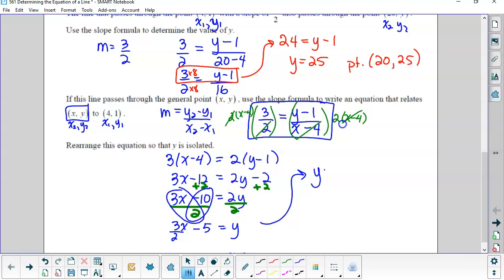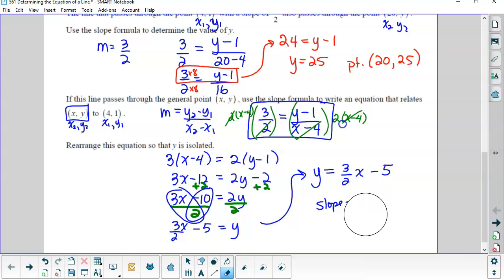And we like to show y first. So y equals 3 over 2 x minus 5. It's the same as if you leave (3x minus 10) over 2. But this is actually what we call slope, y-intercept form.